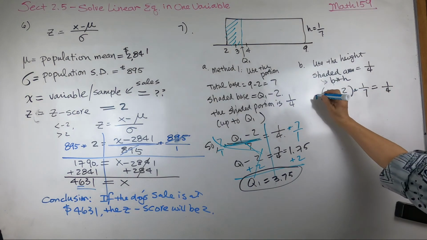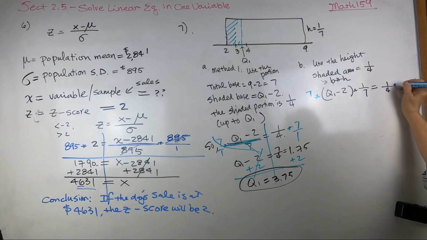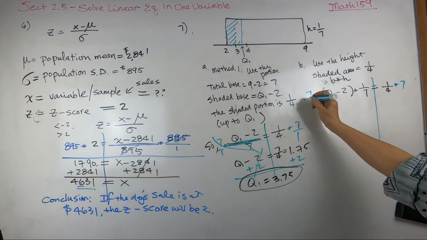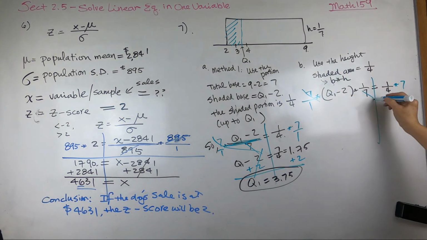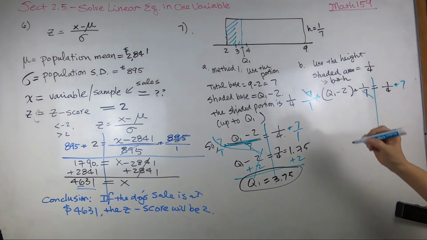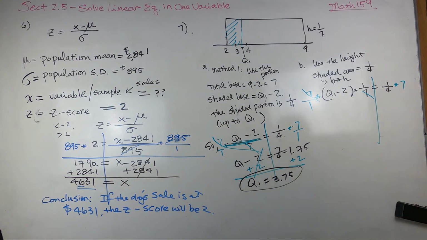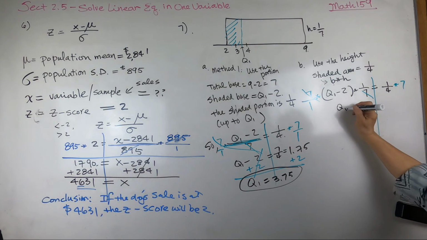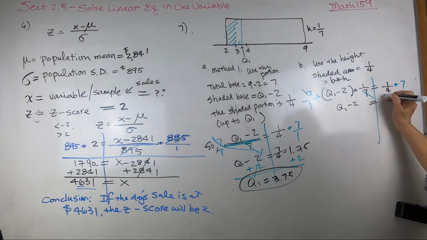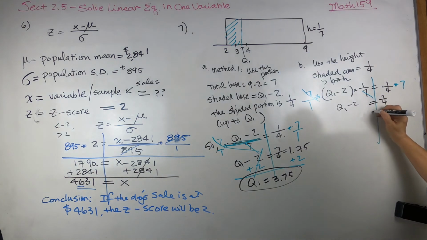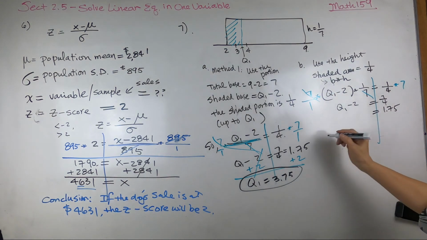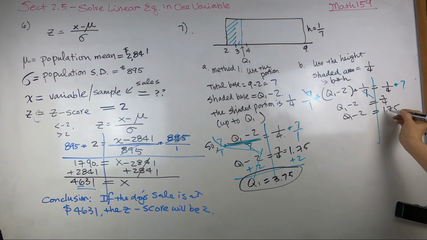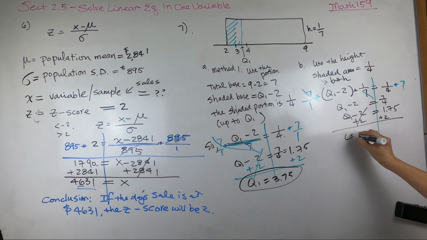Okay, to solve for Q1, get rid of 1/7: you times 7 on both sides, right? So that cancels. So what do we have? We have Q1 minus 2 equals 7/4, which is 1.75, right? So Q1 minus 2 is 1.75. You add 2 on both sides.